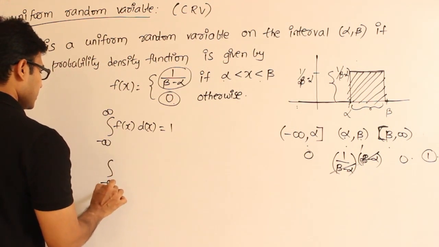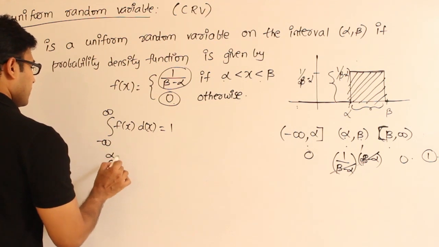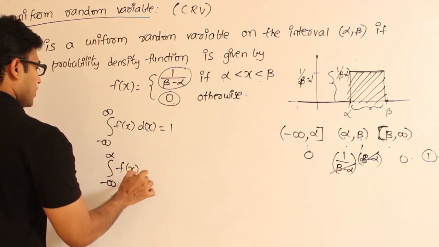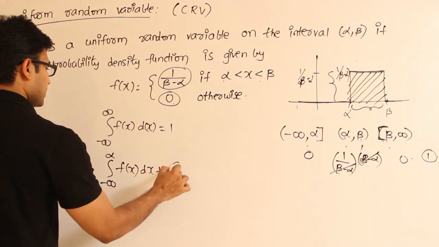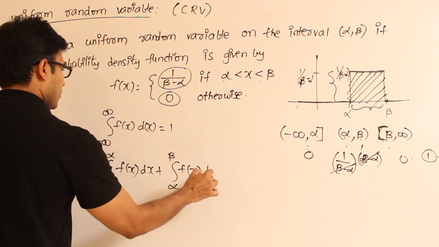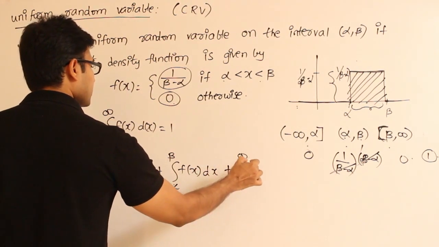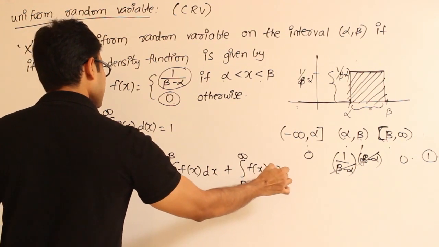I can write it as the integral from minus infinity to alpha of f of x dx plus alpha to beta of f of x dx plus beta to infinity of f of x dx.